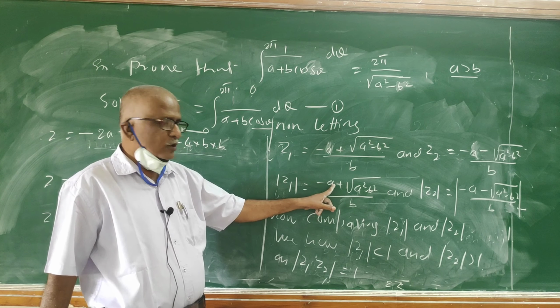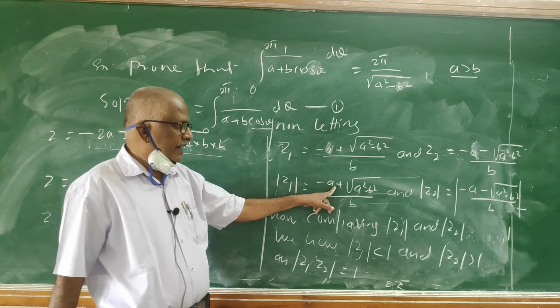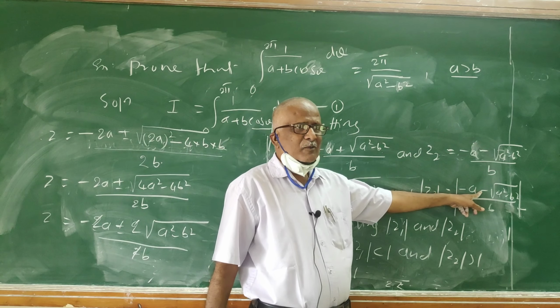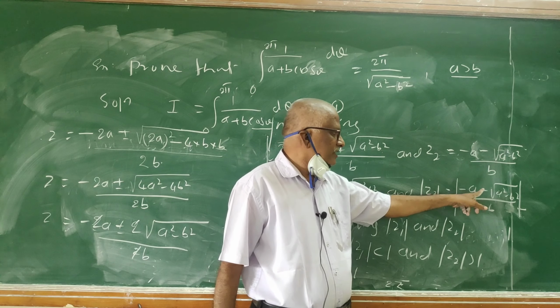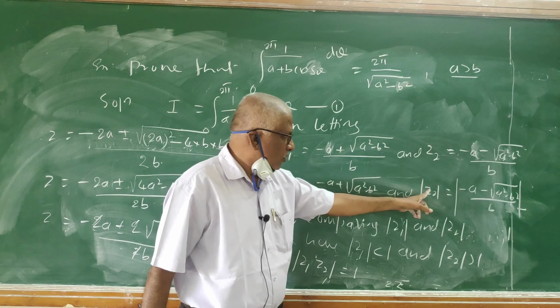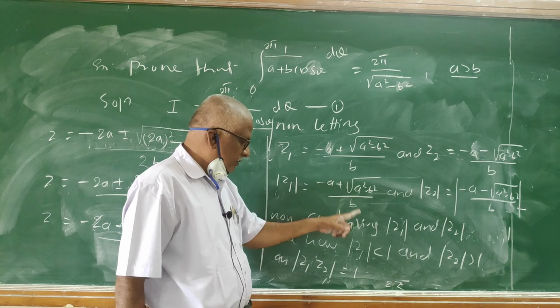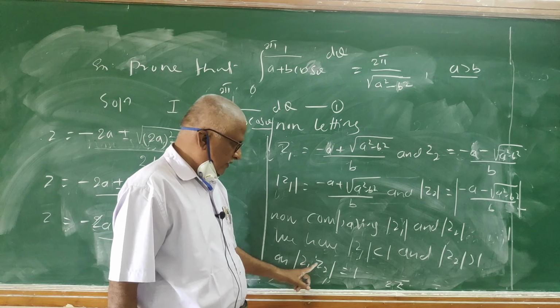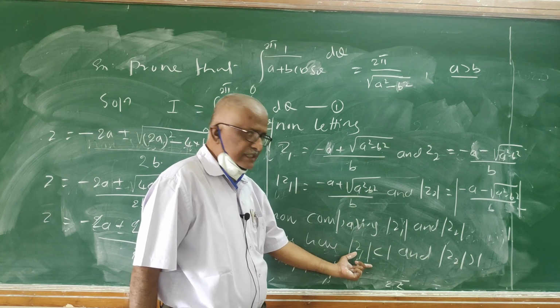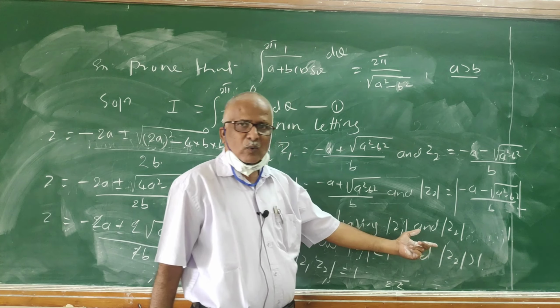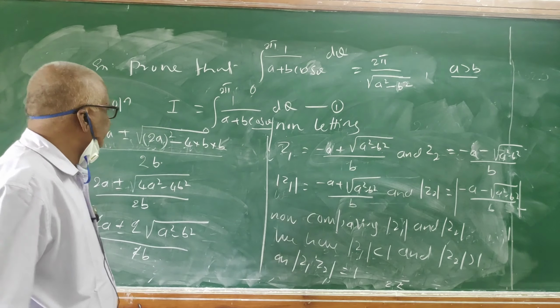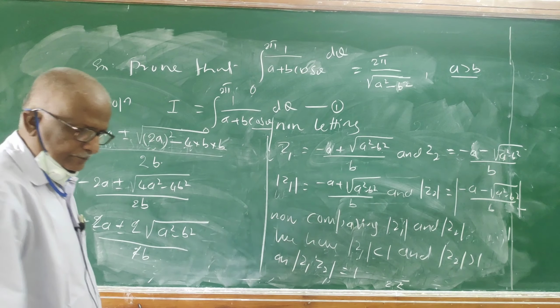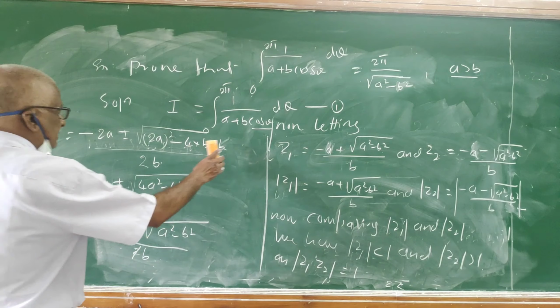This is a difference of quantities. Here it is under modulus the sum of the two quantities. Always this is greater than this. Always mod z2 is greater than mod z1. Therefore we must have this less than 1 and this greater than 1.